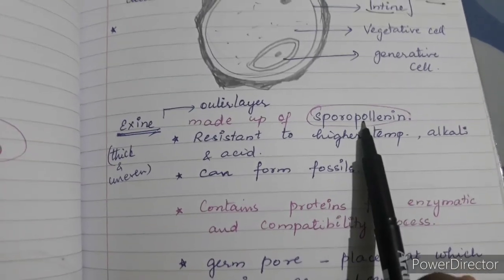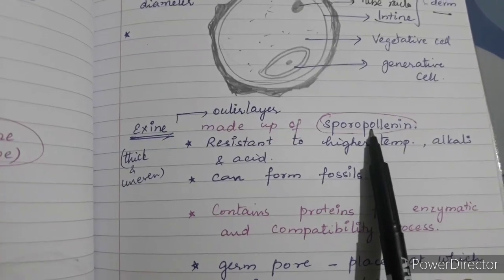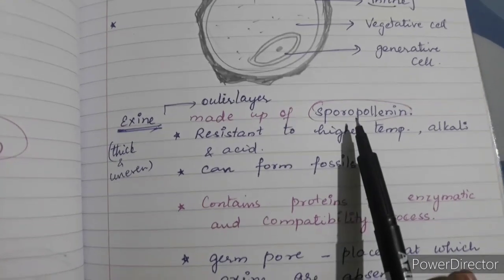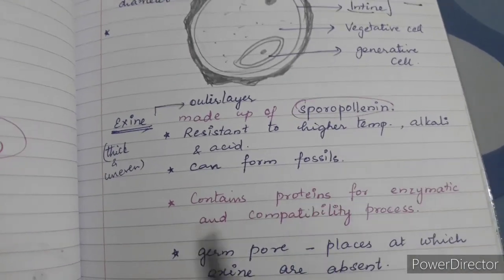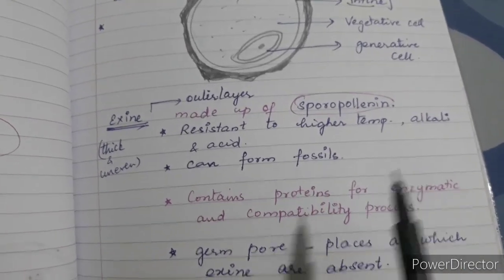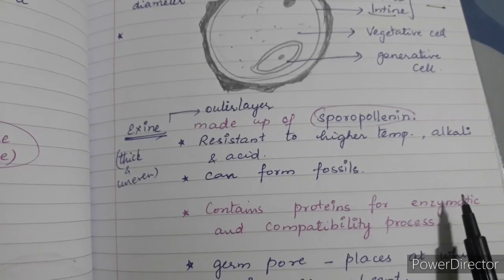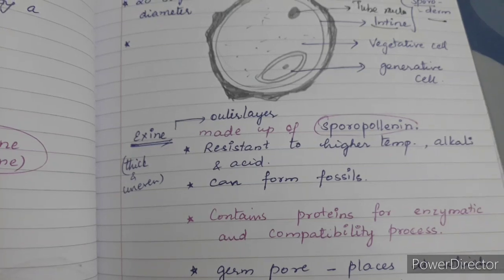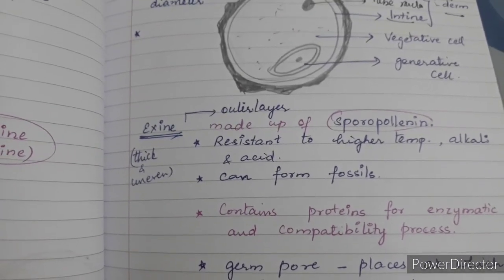The sporopollenin is formed from the Ubisch bodies which are produced by the tapetum. It is resistant to high temperature and the actions of acids and alkali. No enzyme which can digest sporopollenin has been found yet. Because of this nature it can form fossils.